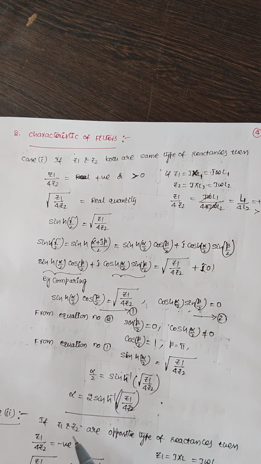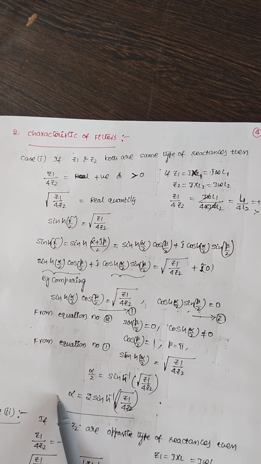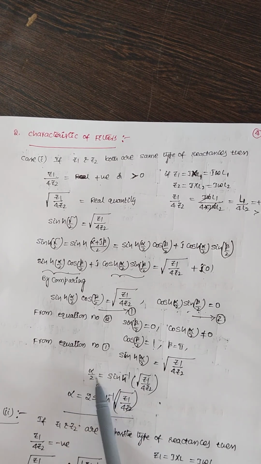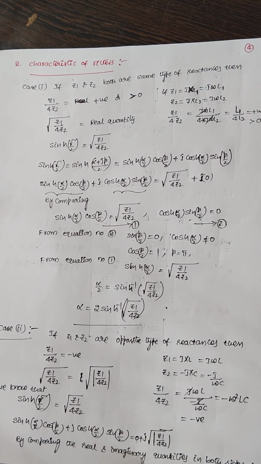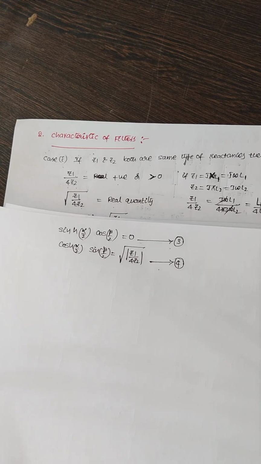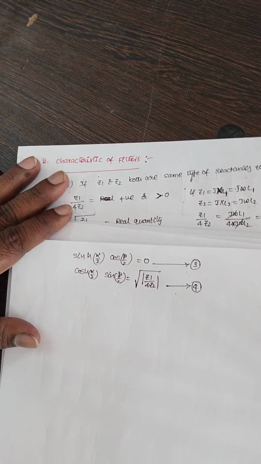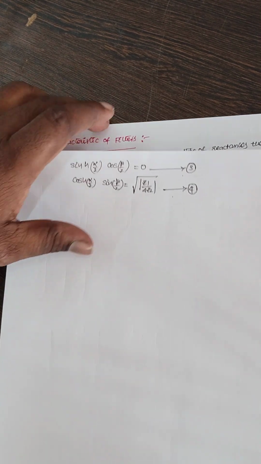The earlier case is not used to design filters, because we will get only the attenuation; we will not get any pass band, only a stop band. But in the second case, we will get both pass band and stop band. Let me explain how these two bands exist from these two expressions or equations.